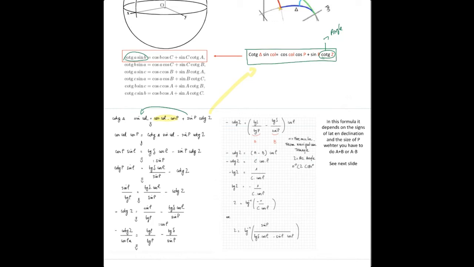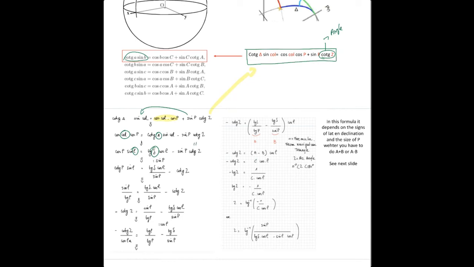Then we transform colatitude into latitude, and we transform polar distance into declination, and this one here stays the same.